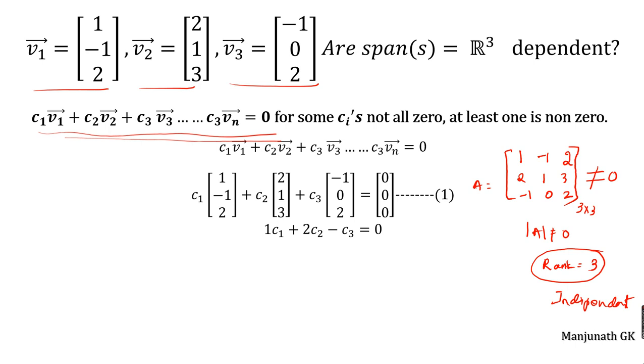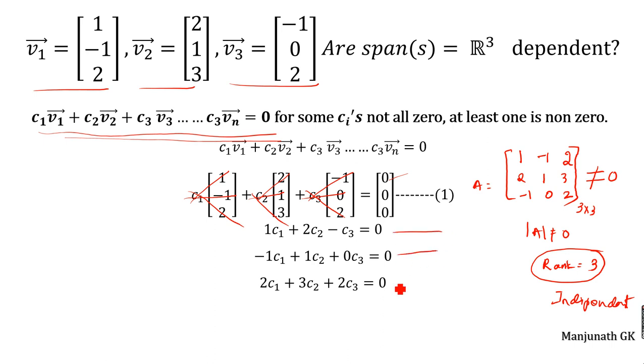So the first equation is 1 into c1, 2 into c2, minus 1 into c3, that is equal to 0. The second equation is minus 1 into c1, 1 into c2, 0 into c3. The third equation is 2 into c1, 3 into c2, 2 into c3, that is equal to 0.